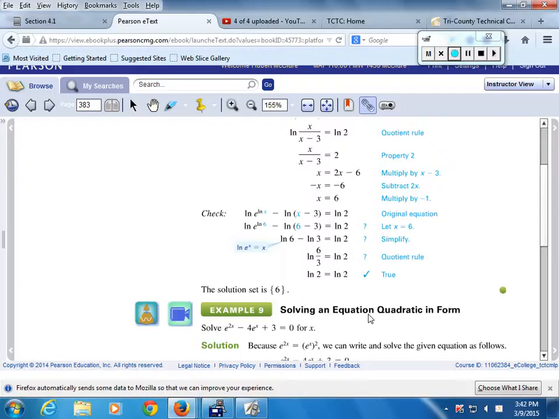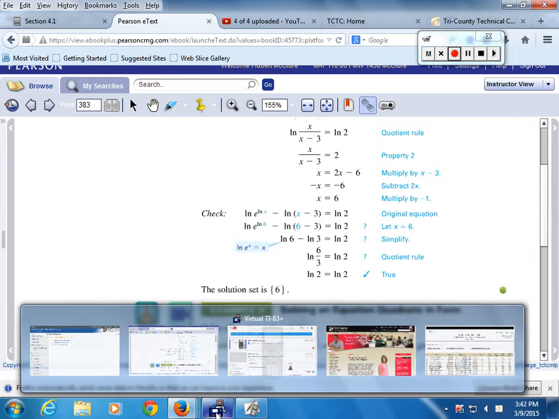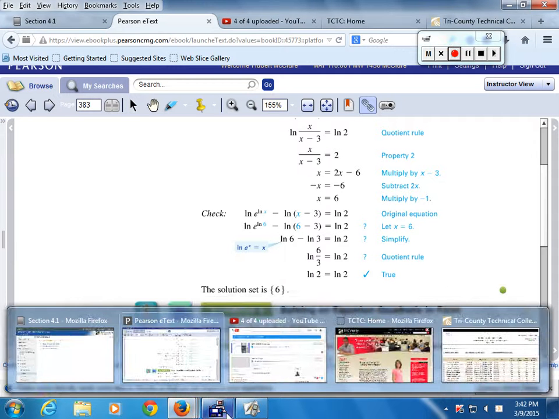Try this one. e to the 2x minus 4e to the x plus 3 is equal to 0. Yeah, I'm fixing to take it out. And of course, I'm not thinking we're going to do it. I'm thinking we're going to quit, probably. That's what I was hoping.